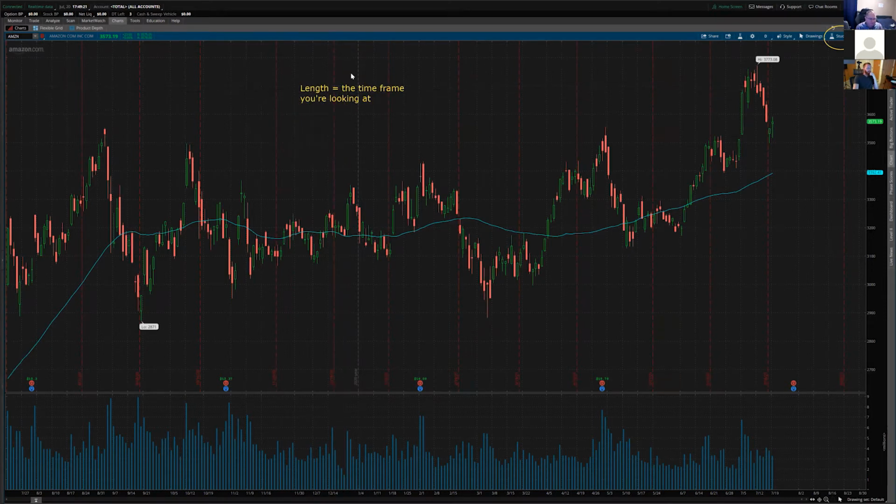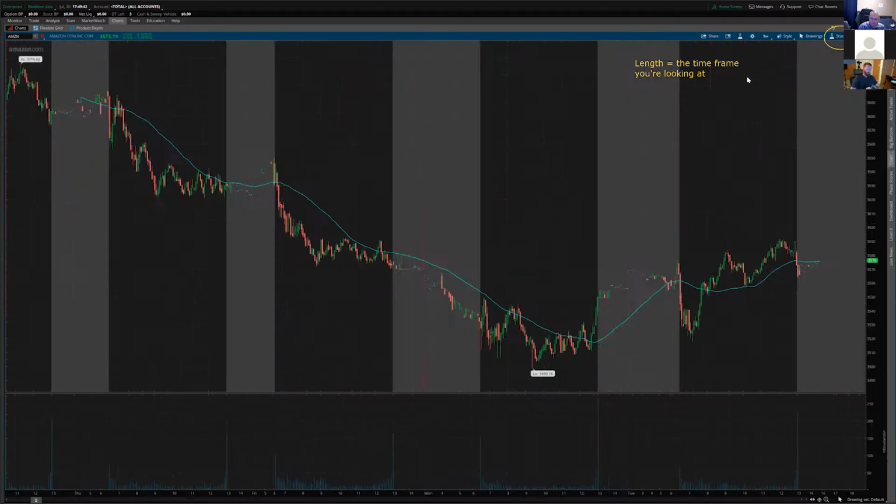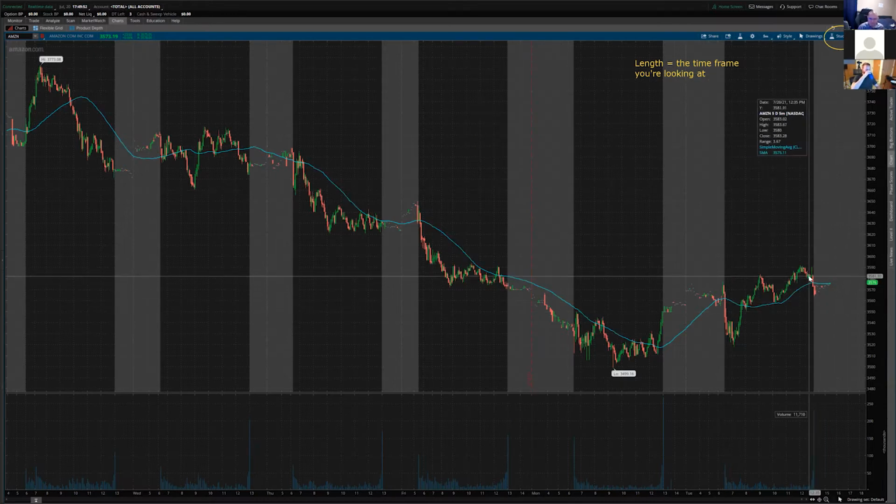Now this is where it gets into some math. If I change my chart to a smaller time frame, this SMA will get smaller as well. If I select the 5M, the lowercase m, which means 5 minute, this now changes because it's still using a length of 50.